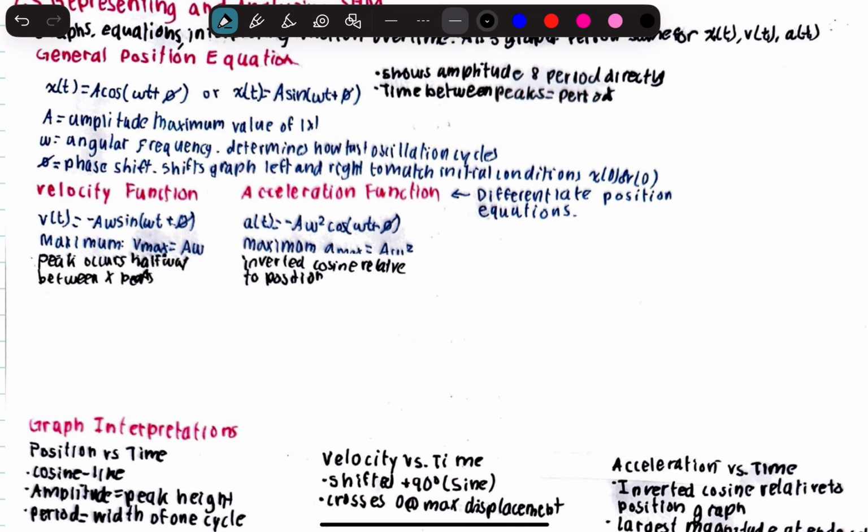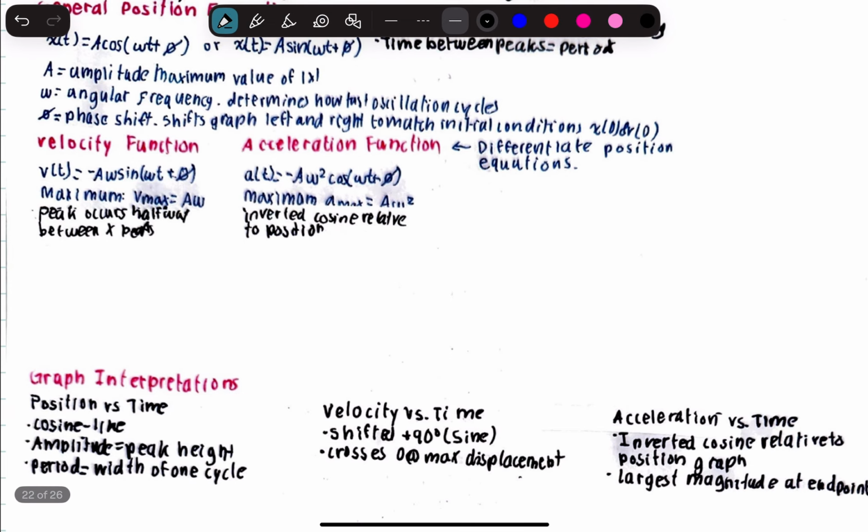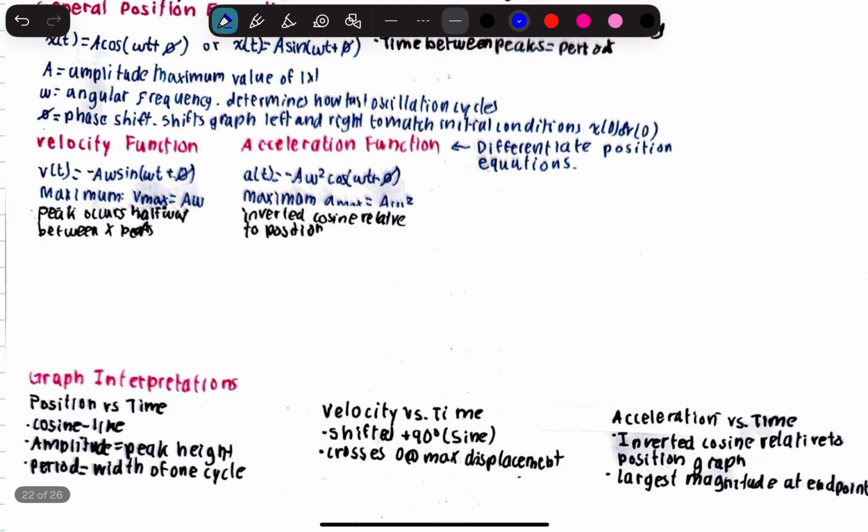So what we realize is that simple harmonic motion varies sinusoidally, not linearly. And also we can take the derivative of the position. That is v of t is equal to negative A omega sine of omega t plus the phase shift.